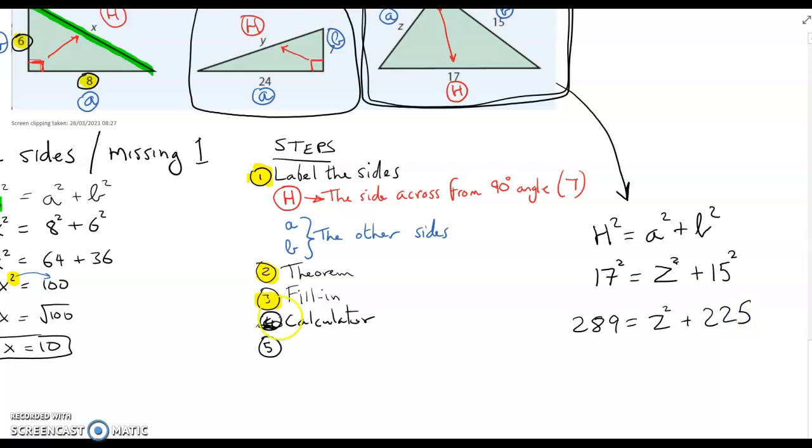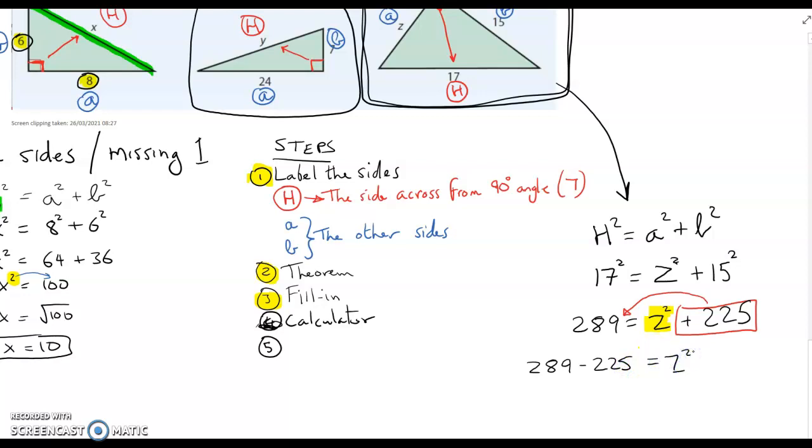Now here's where there's an extra little step involved. Because we're looking for Z, we need to get Z on its own. So we need to bring this over the equal sign to be on the same side as the other number. The 289 is still there. That's not moving anywhere. But we're moving that plus 225, so it's going to become a minus 225.